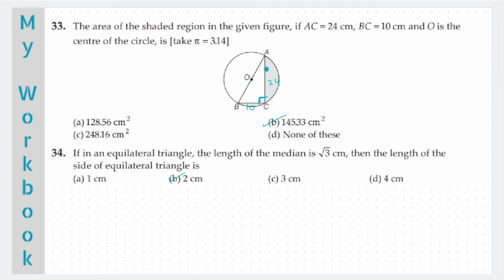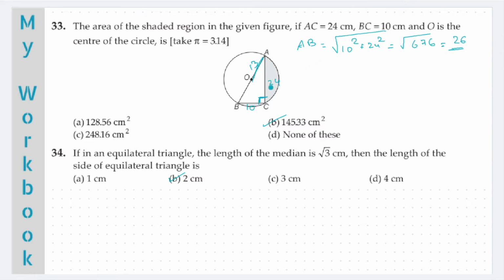What will be AB, which is hypotenuse? AB will be square root of 10 square plus 24 square, which will be square root of 676, which is 26. So the diameter AB is 26. So the radius of the circle will be 13 centimeter, half of 26.